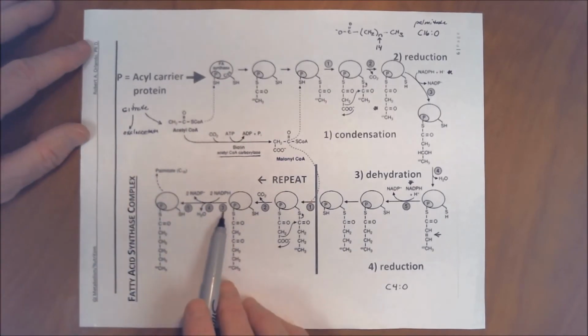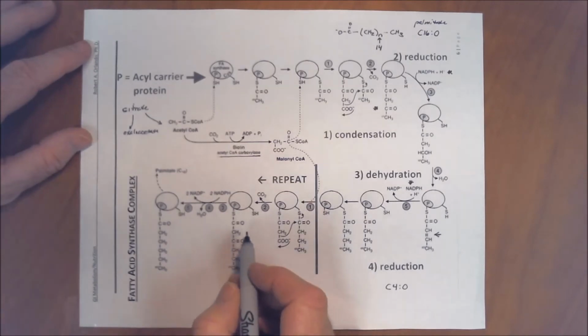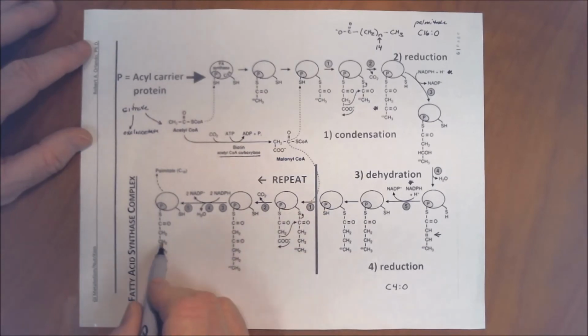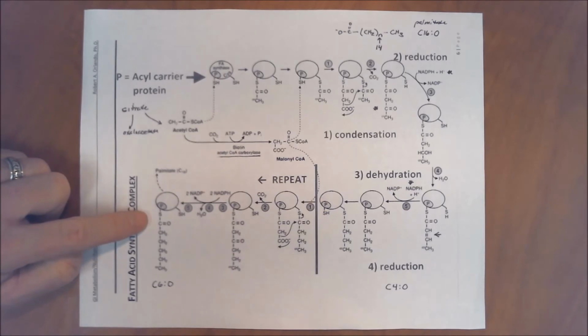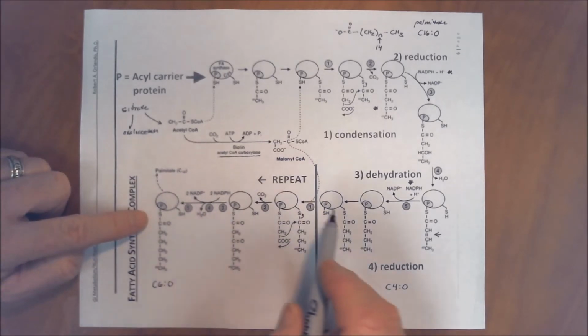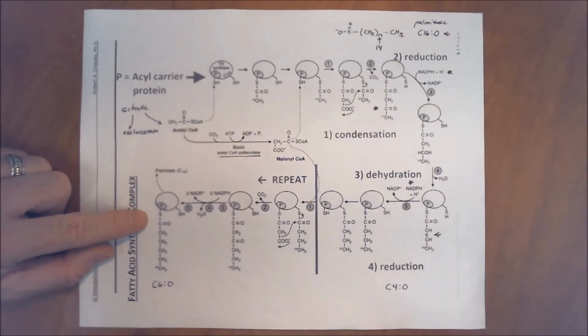We then go through our reduction, dehydration, reduction reaction to modify this carbonyl into the hydrocarbon to form the fatty acid chain. So now at this point, we have a C6 saturated fatty acid. We do this over and over again until we finally achieve our C16 palmitate.